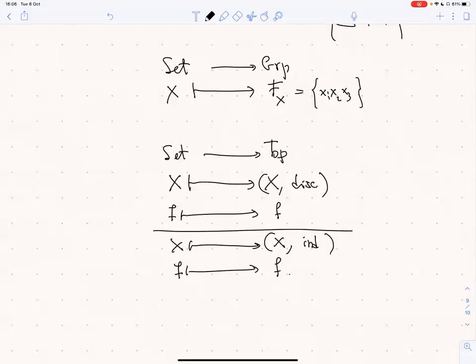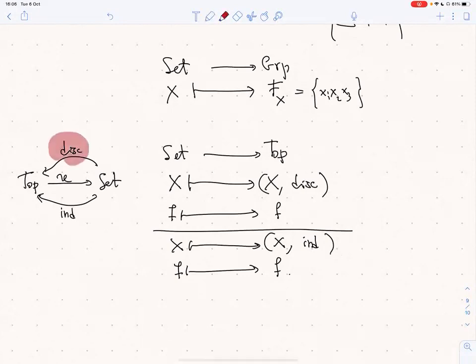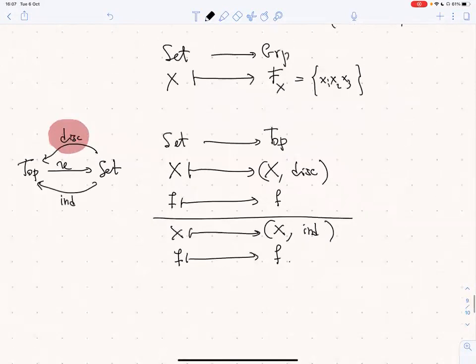So in this case, we really have three interesting functors to look at: the forgetful functor, the discrete topology, and the indiscrete topology. In a sense, Disc can be seen as a free functor, but we will see this in the next lectures.